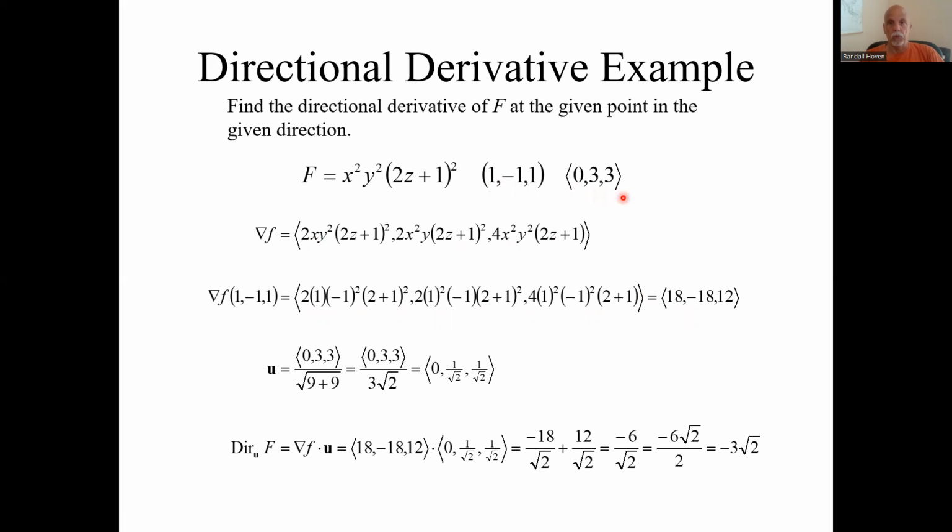What is u? Well, it's not u yet. They gave us a direction, 0, 3, 3. I need to normalize that before I take the dot product. That means divide by the magnitude. The magnitude is the square root of 3 squared plus 3 squared, 9 plus 9. Here is the u I need to dot. Simplify.